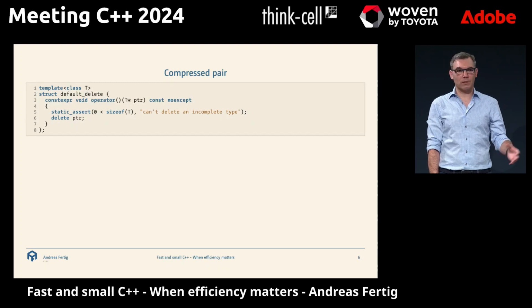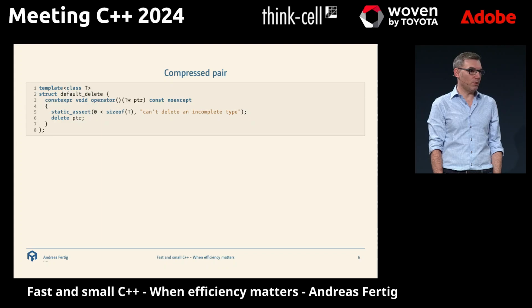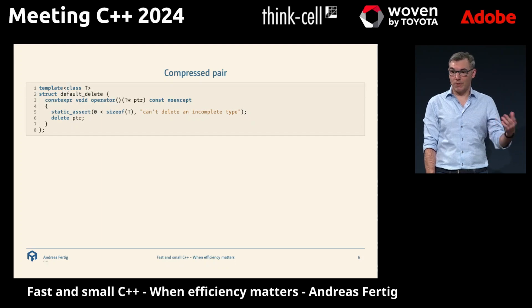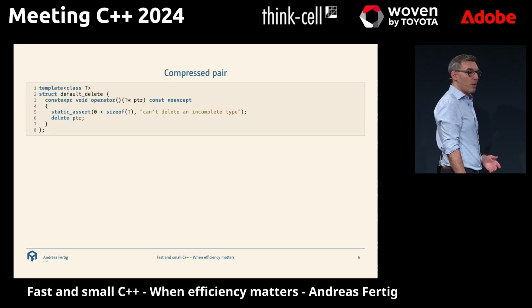So this is the thing that runs by default if you pass only one template parameter to your unique pointer. Okay? But that class here is empty in the sense of non-static member functions. So that constitutes for EBO.